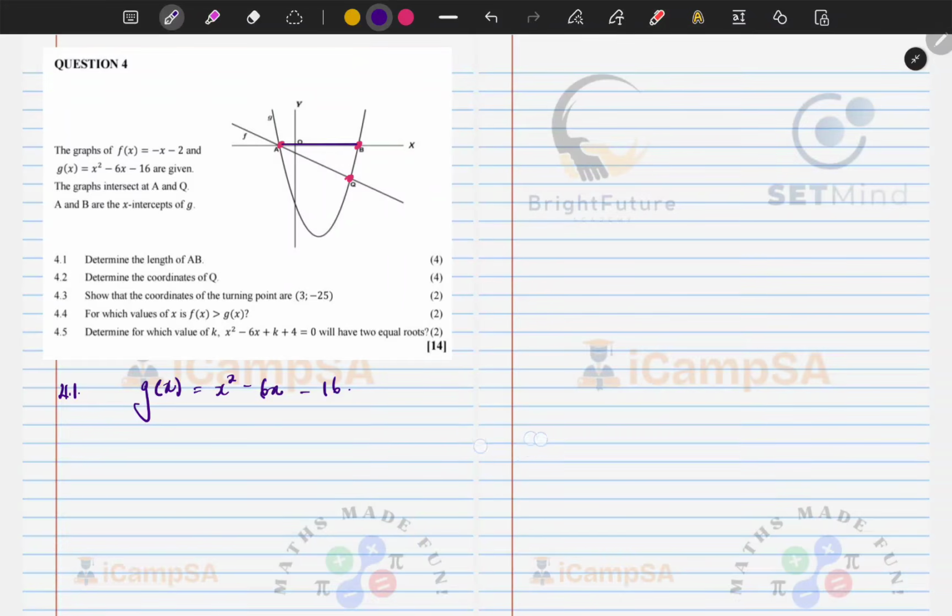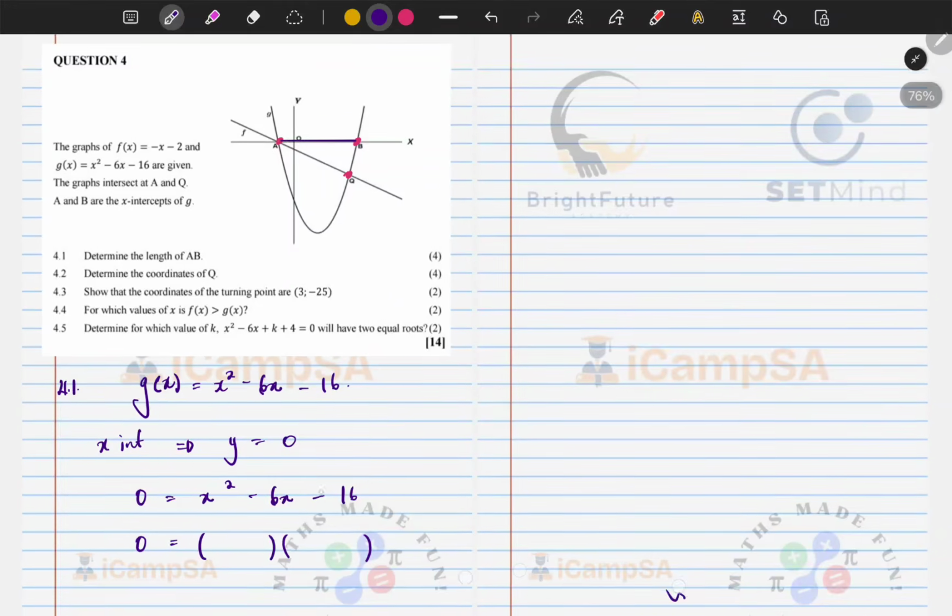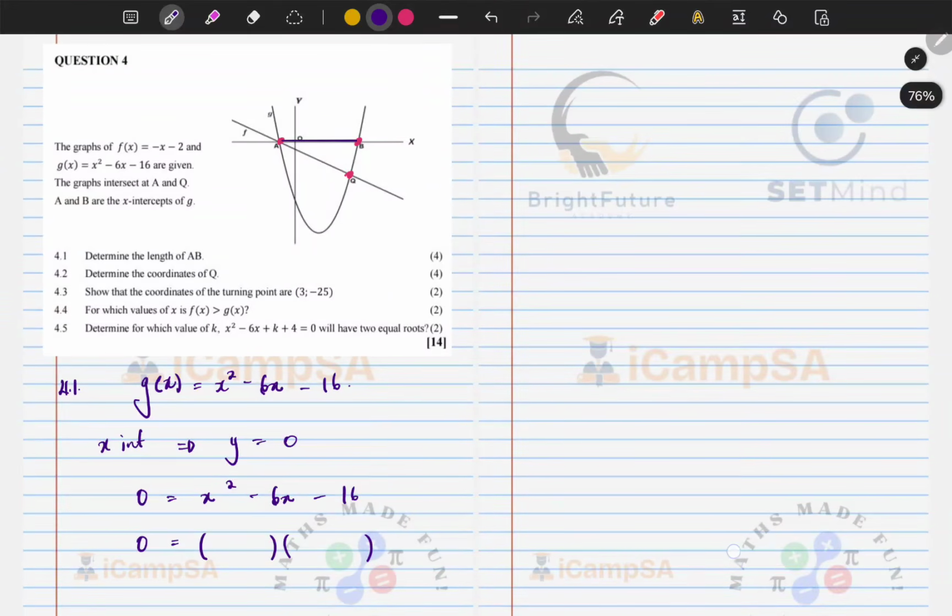We want the x-intercept, which means your y is going to be equal to 0. So if you equate to 0, you have x squared minus 6x minus 16. So what are the factors of negative 16 that will give you negative 6?